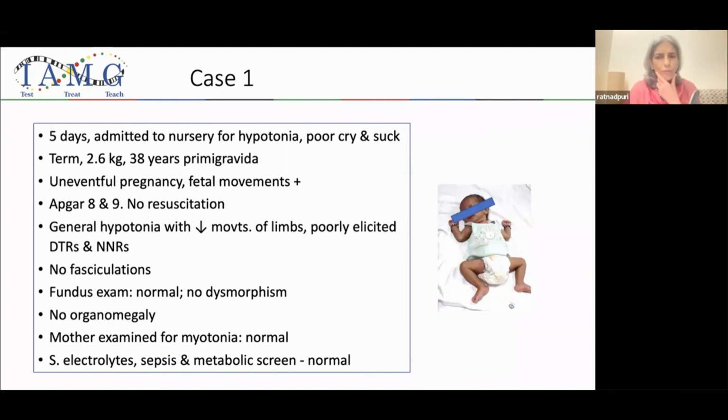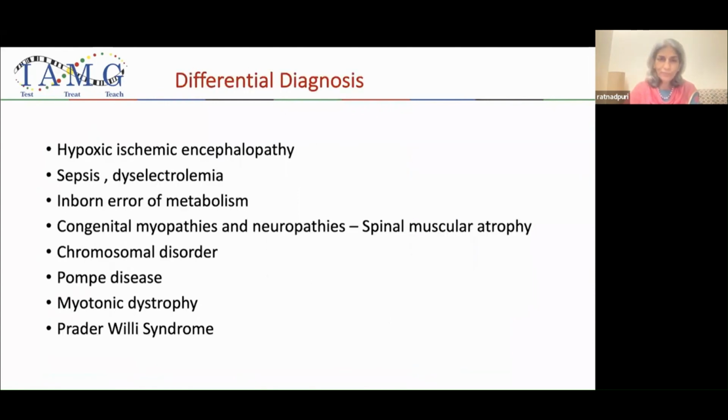There was no major dysmorphism observed on examining the child to suggest a chromosomal deletion or duplication or an aneuploidy. There was no organomegaly. Keeping congenital myotonic dystrophy as a differential, the mother was examined for myotonia, and that was absent. There was no evidence of sepsis, the electrolytes were normal, and the metabolic screen was also normal.